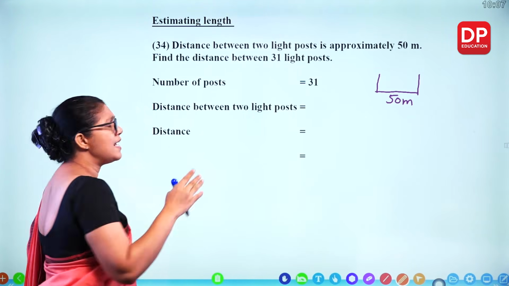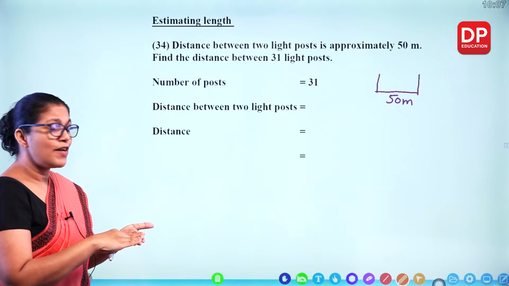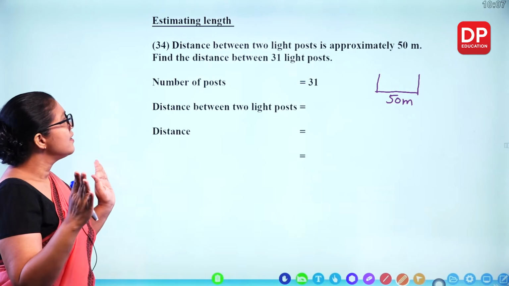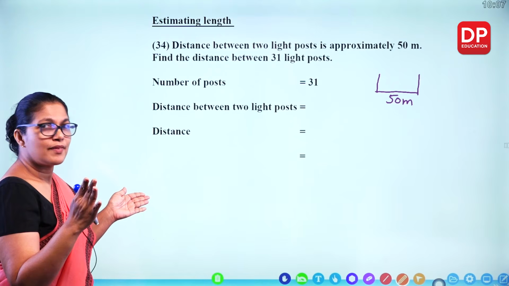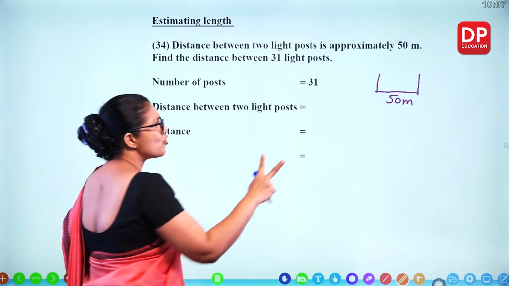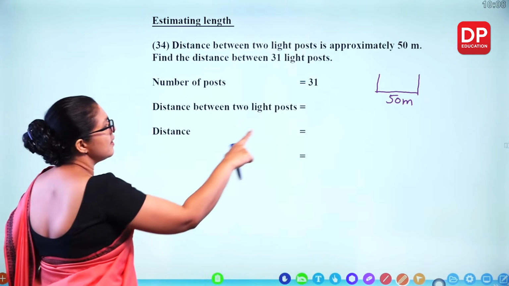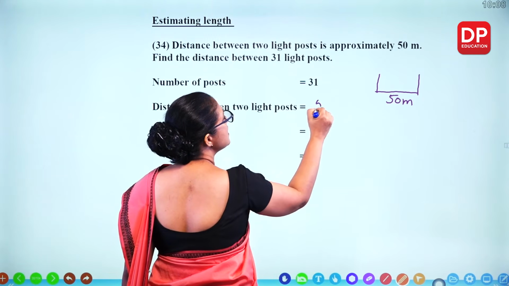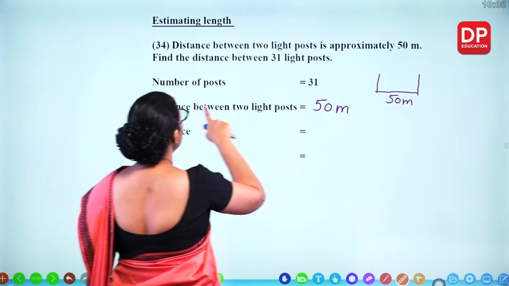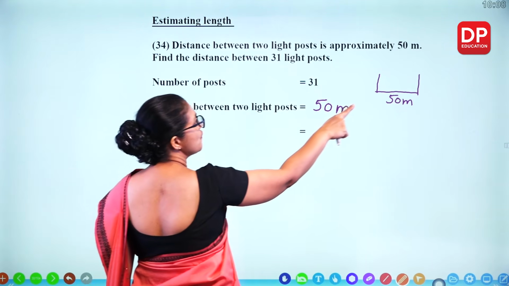So how many gaps are there when you get 31 posts? Not 31 gaps. Think about 2 posts, you get 1 gap. Here is 50 meters, that's given. Distance between 2 light posts is 50.